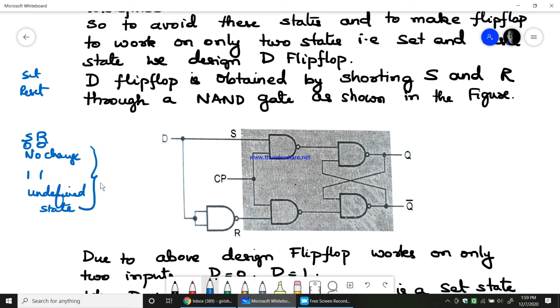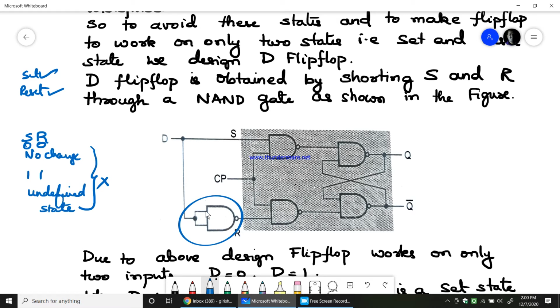I don't need these two conditions. I need my flip-flop to give a set state or a reset state. For that purpose, we connect S and R through a NAND gate.